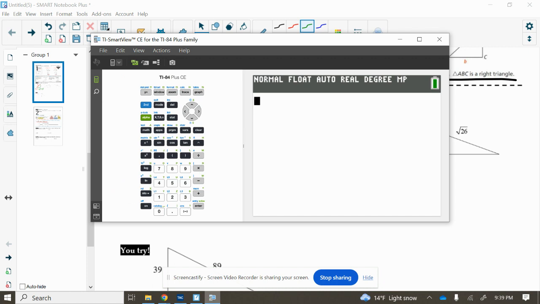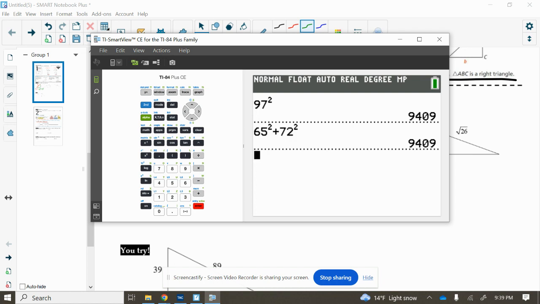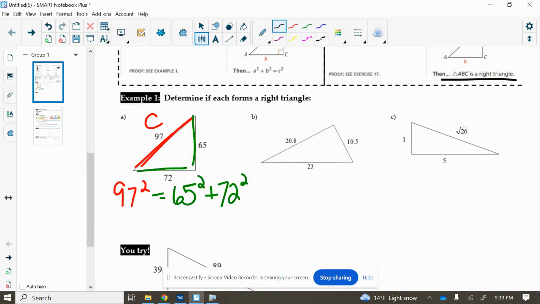And again, we're just checking, does 97 squared equal what 65 squared plus 72 squared equals? The answer in this case is yes. They both equal 9,409. So because of this fact, we would say yes.